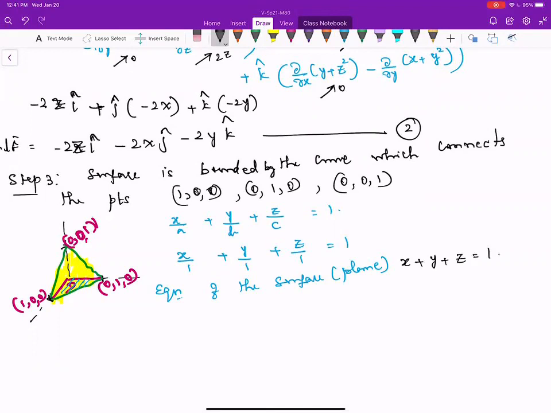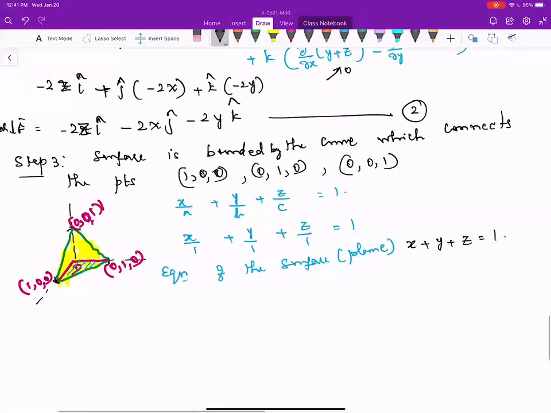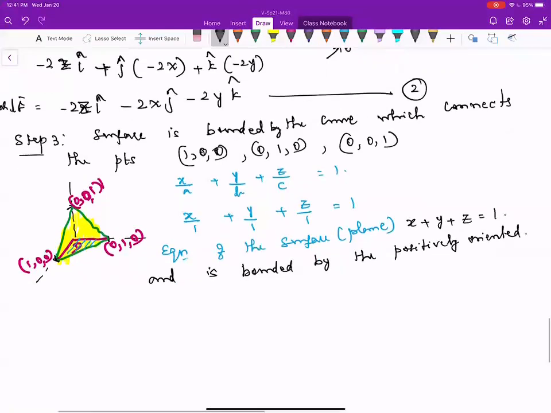And it is bounded by the positively oriented curve C, which is the boundary of the triangle.